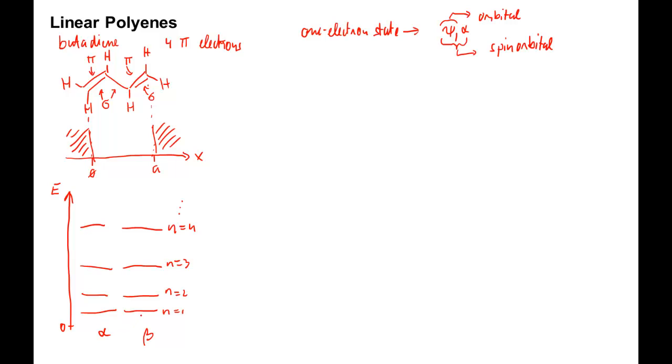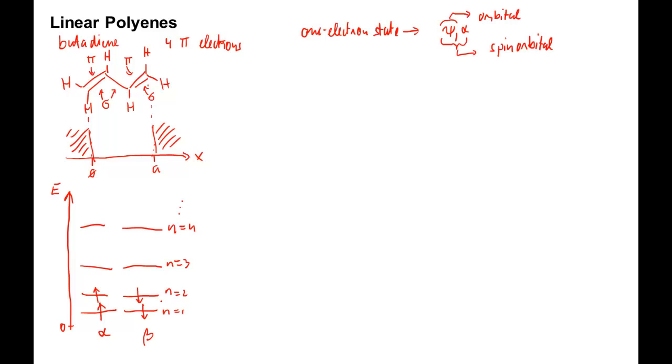Either of them is fine, since they have the same energy. Let's put it in psi1 alpha. The next one goes into the other one, psi1 beta. It can't go into psi1 alpha, since then the 2 electrons would have the same state and would violate the Pauli exclusion principle. Next, the third electron goes into psi2 alpha, and the fourth electron goes into psi2 beta.